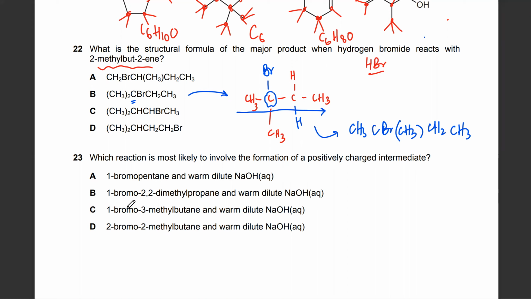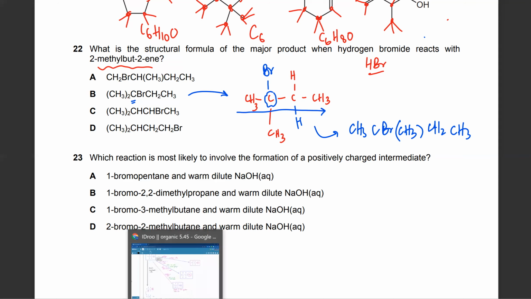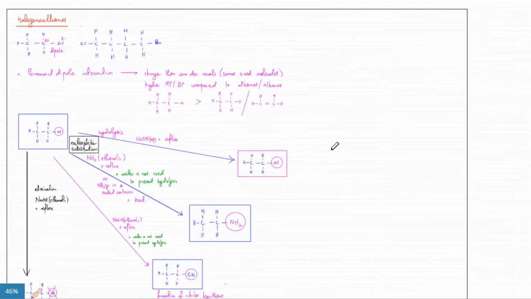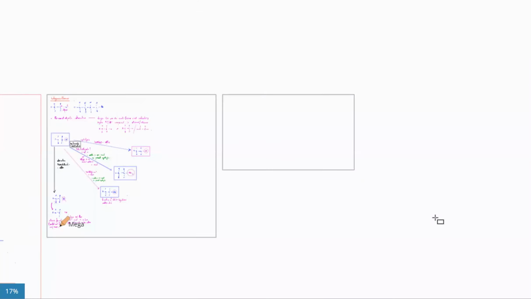It's a halogenoalkane which has bromine, and there's dilute NaOH being added. So positively charged intermediate: basically, you're talking about the mechanism of the reaction. So we would have to discuss the mechanism of this reaction, which is nucleophilic substitution. So let's discuss the mechanism here. And remember, we're discussing the mechanism of nucleophilic substitution.